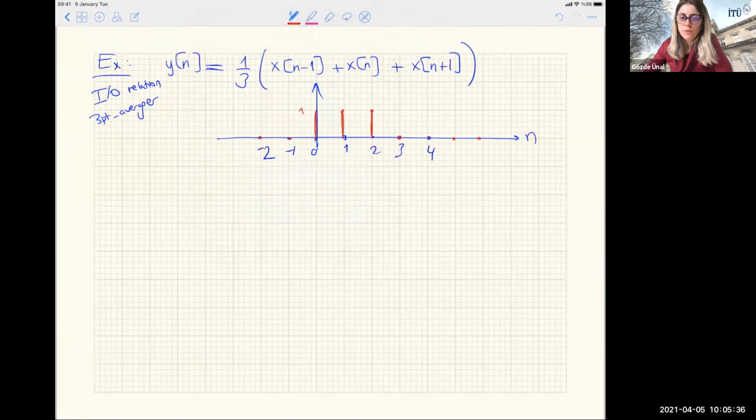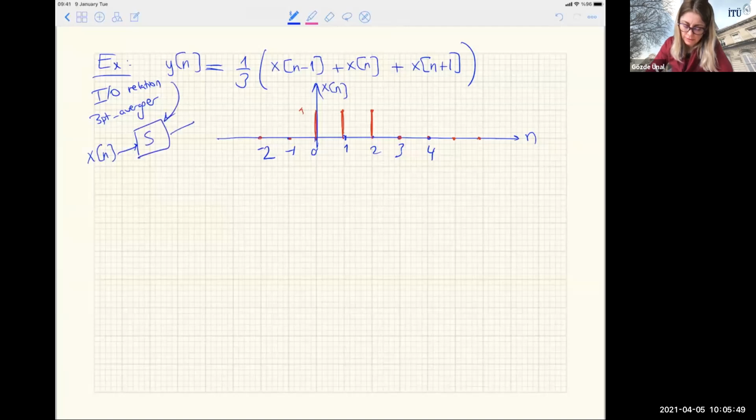Okay, now this one, you see, what is the difference from the previous 3-point averager? I'm asking you, what is y of n now? Again, x of n goes to this system defined by this IO relation, and y of n comes out, right? So we want to calculate y of n.